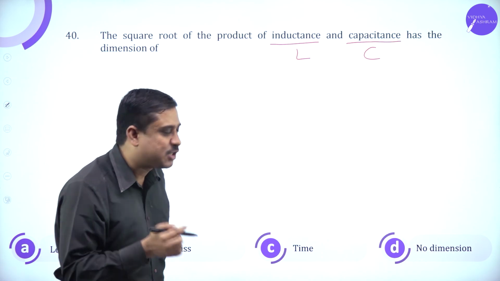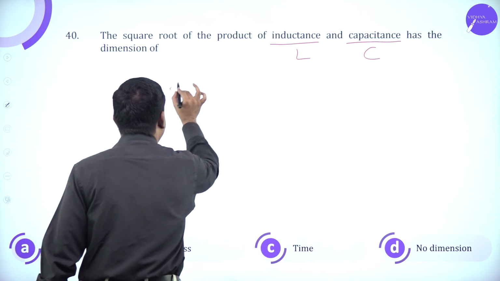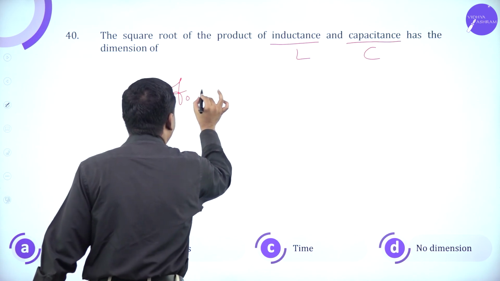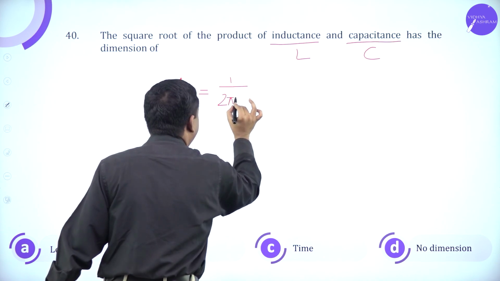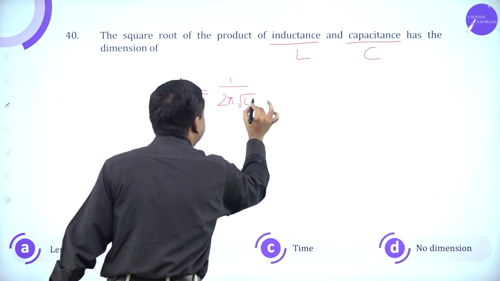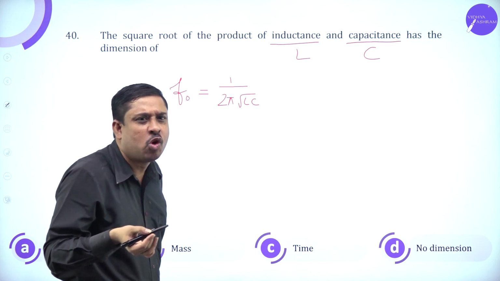Good. Resonant frequency. So the definition of resonant frequency f0 is 1 by 2 pi root LC. 1 by 2 pi has no dimensions.